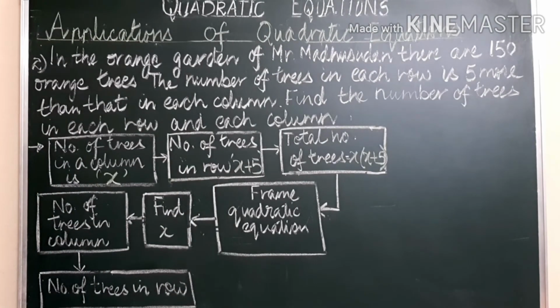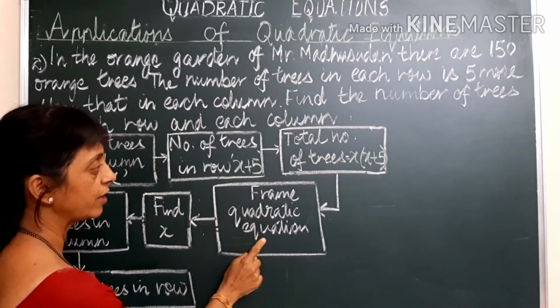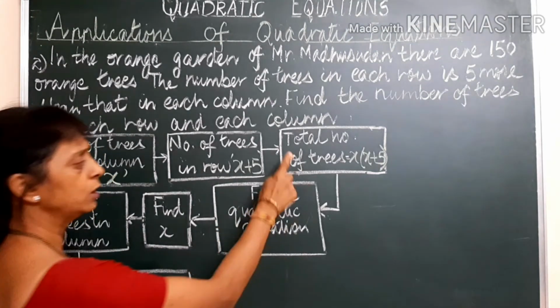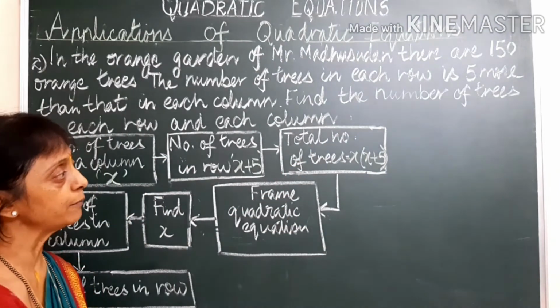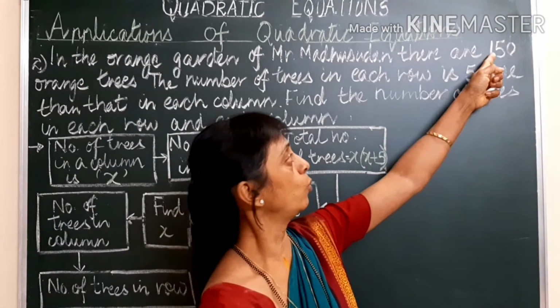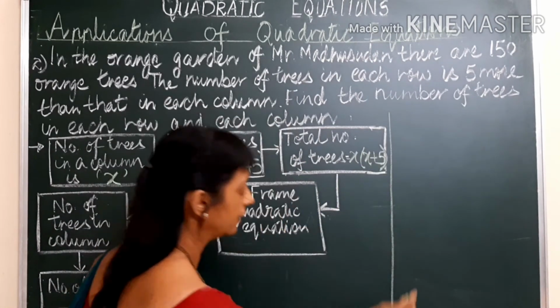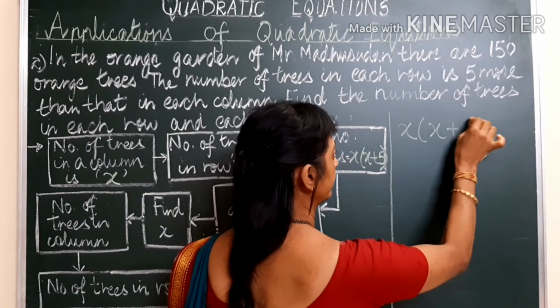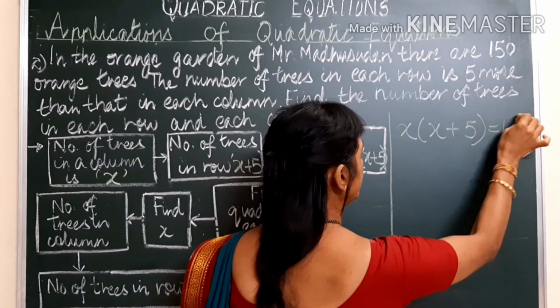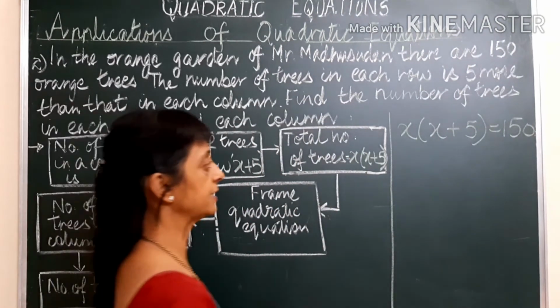So now let's see, what else have they given? Over here, they are saying frame the quadratic equation. Now what is the total number of trees have they given? Yes, they have given that the total number of trees are 150. That means x into x plus 5 is equal to 150. Let's open the bracket.